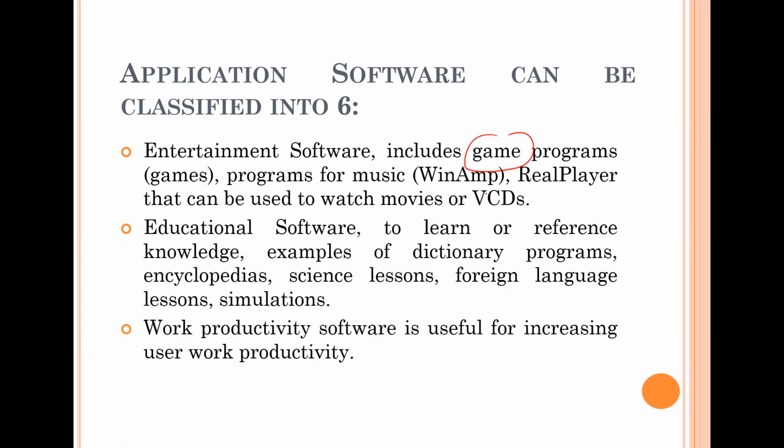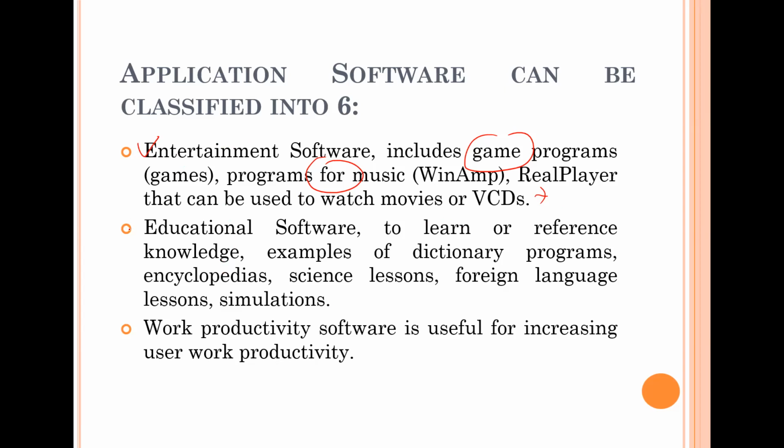For example, game programs, games that we used to play on computers, and also applications for playing music, like a media player, or other software for playing movies or videos. We call this entertainment software.